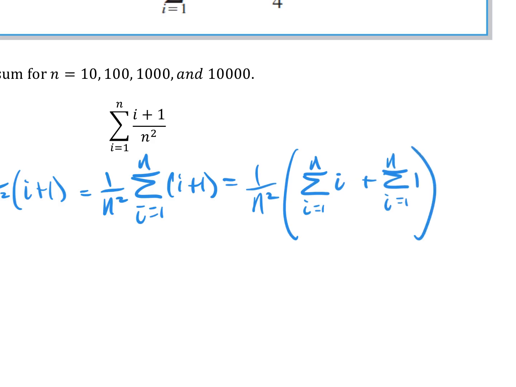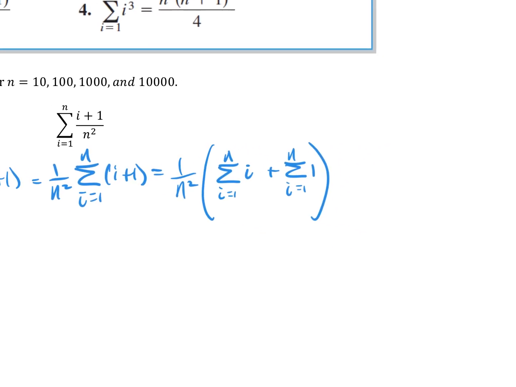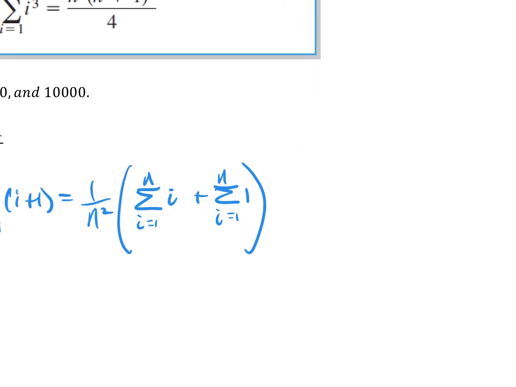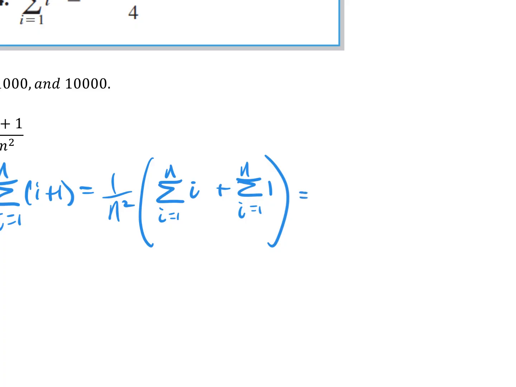There you have it. Now we can clean this up a little further. Still 1 over n squared, times n times n plus 1 all over 2, plus n times 1, which is n.